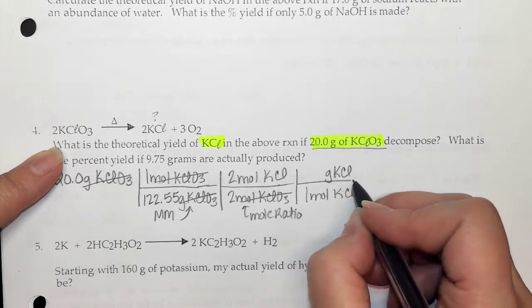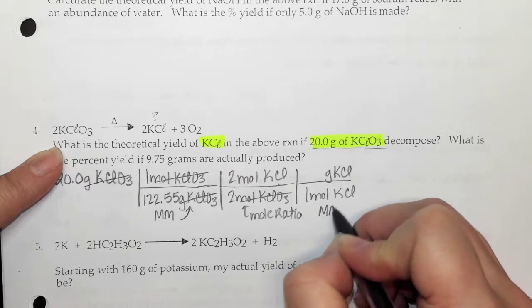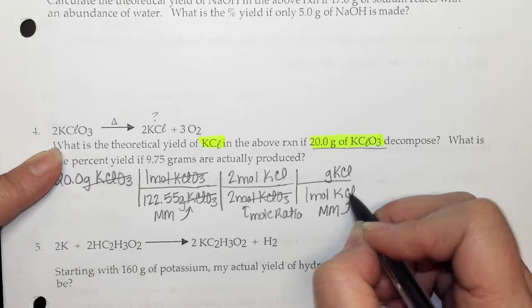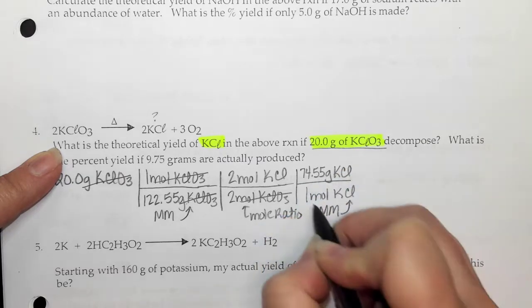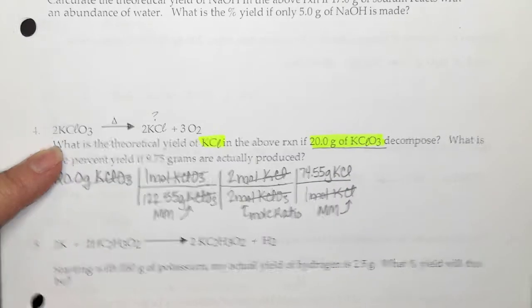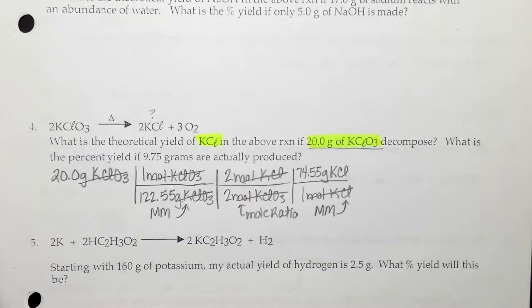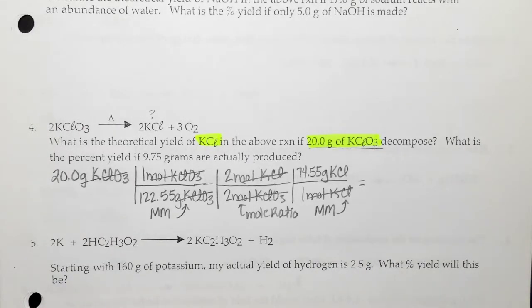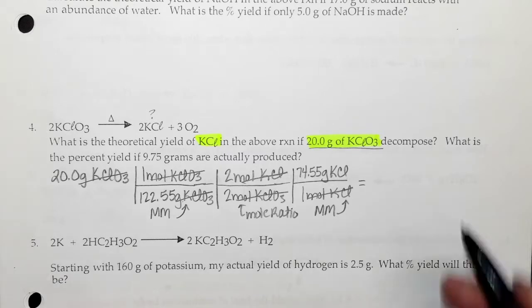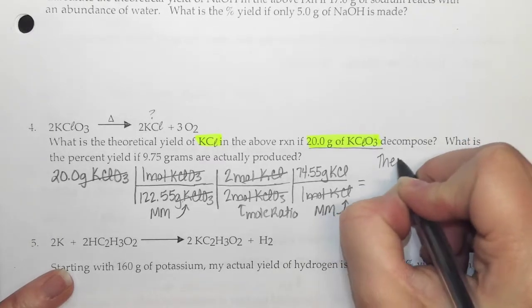This is the molar mass of KCl, and I calculated that for you. It is 74.55 grams. What did we just find? What do we call this value that we just calculated? The theoretical yield.